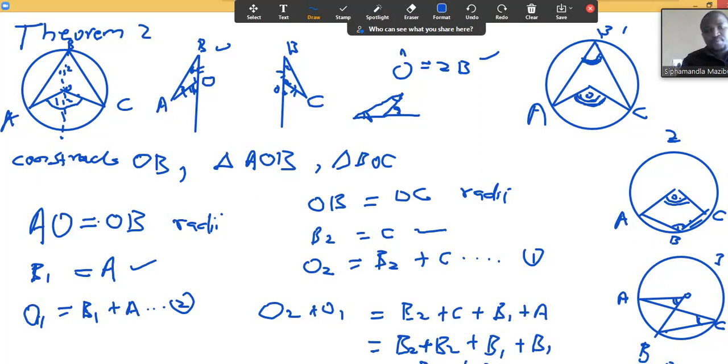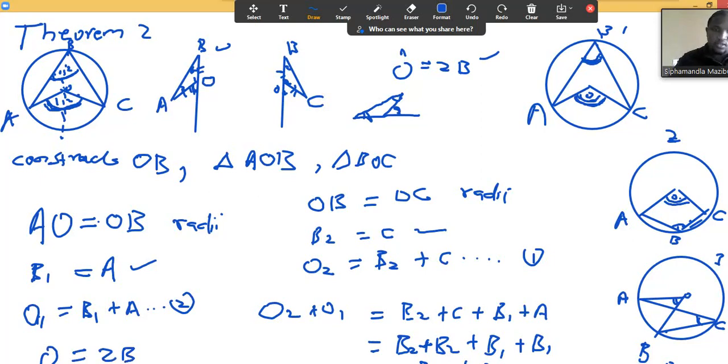So we have 2 times, okay? If you're looking at 2B2 plus 2B1, you can see that B1 plus B2 is the same as B. And at the same time, O1 plus O2 is O. Hence, we can say that O is equal to 2B.